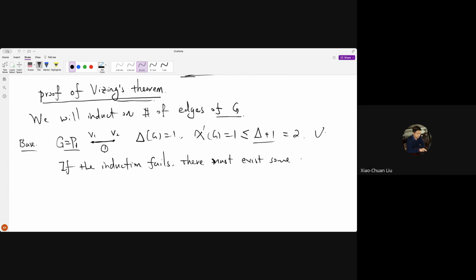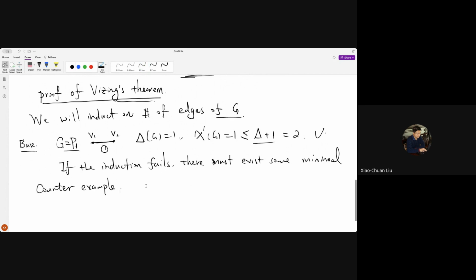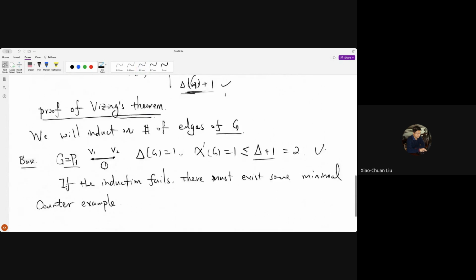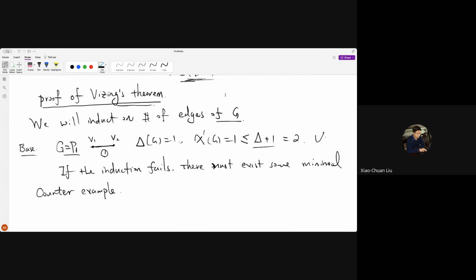some minimal counterexample, in the sense that it's a counterexample, it does not satisfy the conclusion, but if you take out one edge, it satisfies the conclusion.